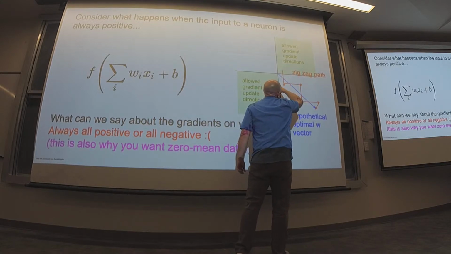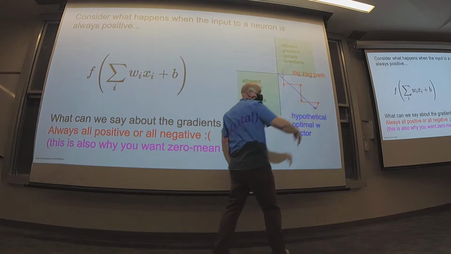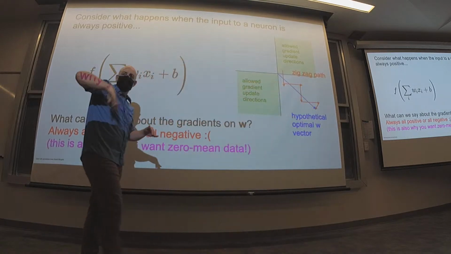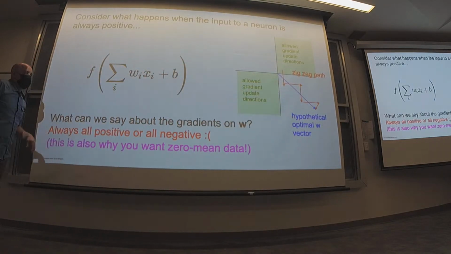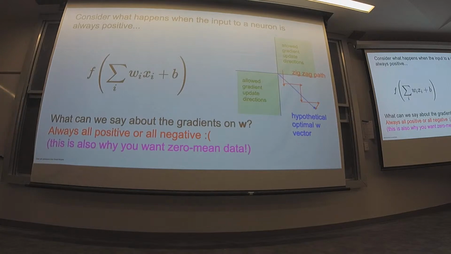You move down first, then move to the right, move down, move to the right. This zigzaggy behavior does lead to very slow convergence times, as was alluded to. So that's problematic, and having zero mean data or zero mean activations does help with that.